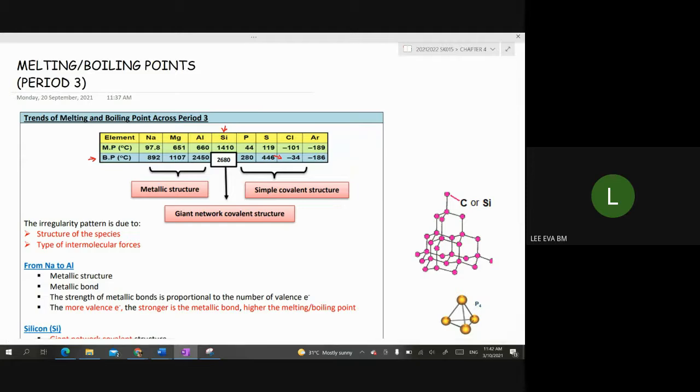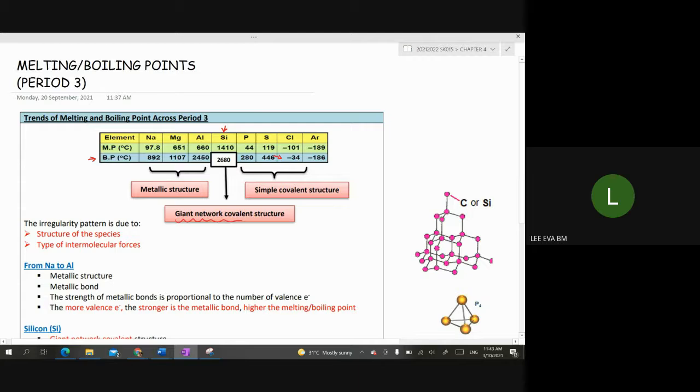So, macam mana kita nak kaitkan boiling point dengan intermolecular forces mereka? Inside the diagram over here, Mendel has already written for you. Sodium to aluminium, they refer to the metallic structure. It has something to do with the structures. For silicon, giant network covalent structure, we will look at this one.